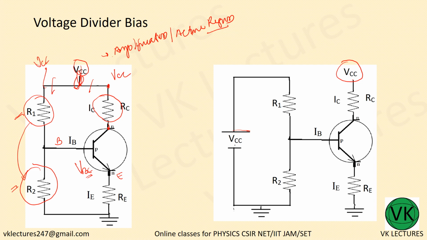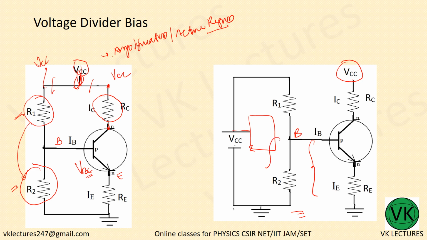Now this circuit, look at this circuit or this loop. To find out the voltage across this, that is on base VB, this is point B, with respect to ground, what is the voltage?